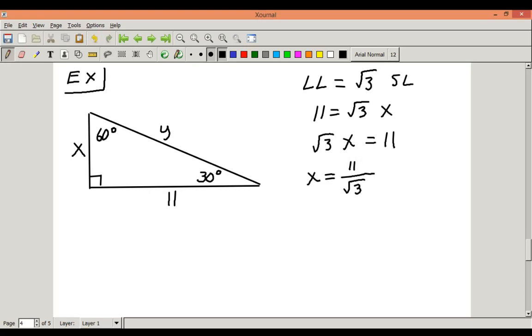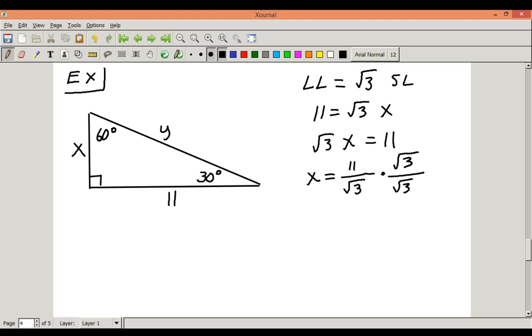Okay, now recall that that's not a simplified radical because you have a radical in the denominator, which is not allowed. So we're going to rationalize the denominator by multiplying the top and bottom of that fraction by square root of 3 divided by square root of 3. In case you forgot your algebra, you're looking at that denominator.